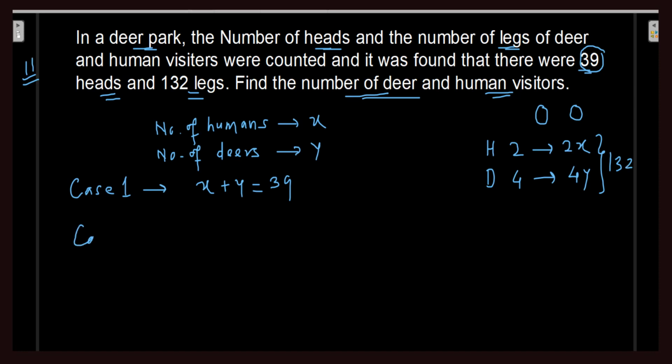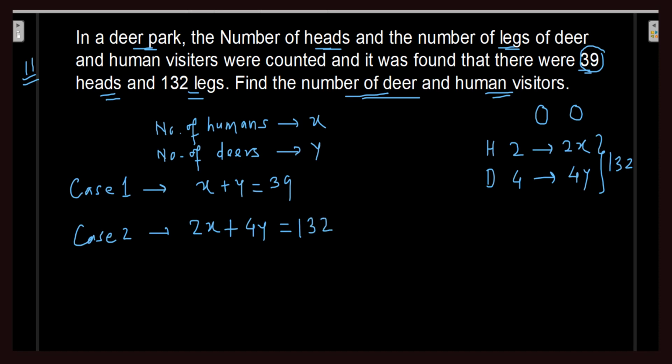So by case 2 we get the equation 2x plus 4y is equal to 132. Sorry, not 39, the total legs are 132.